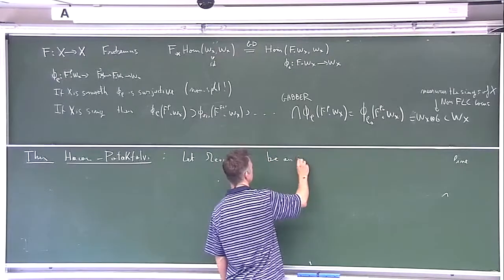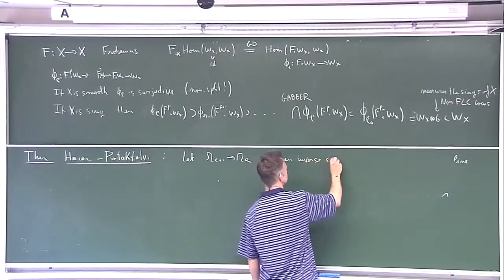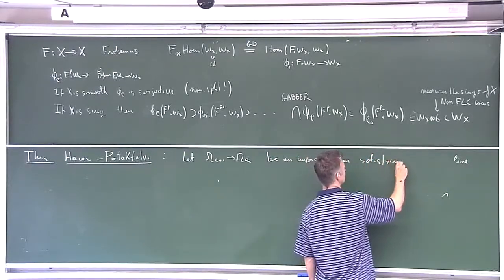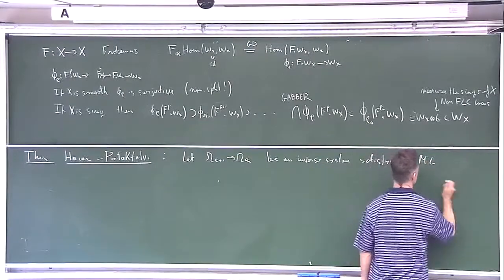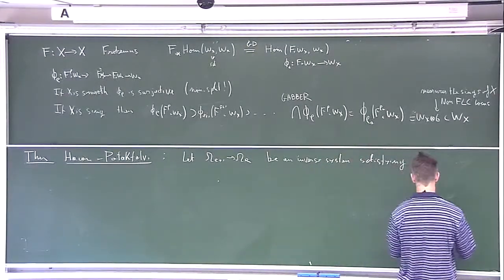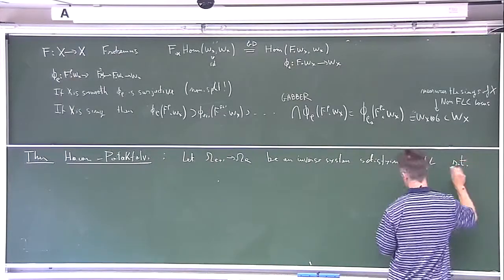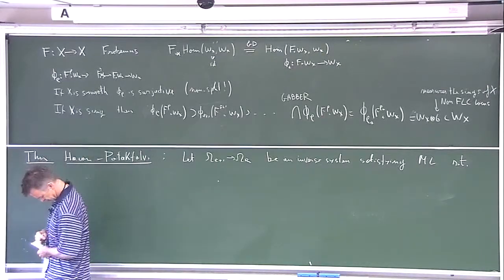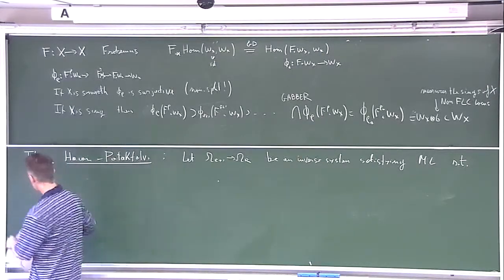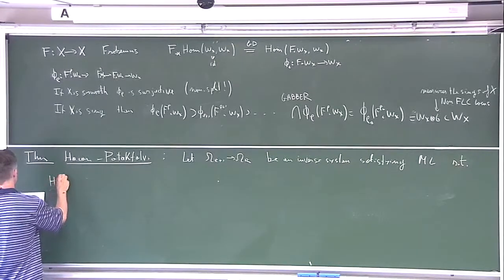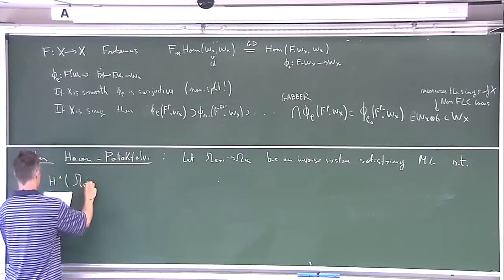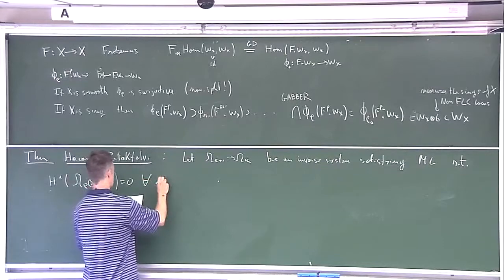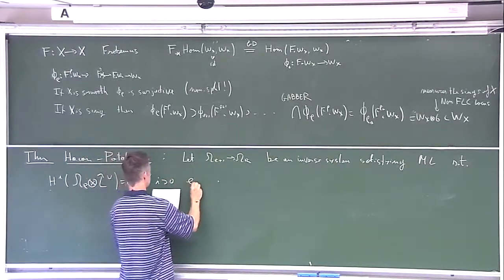Be an inverse system satisfying the Mittag-Leffler condition, and the property that higher cohomology groups of Ω_e tensor L-hat dual are equal to 0 for every i greater than 0 and e sufficiently big.